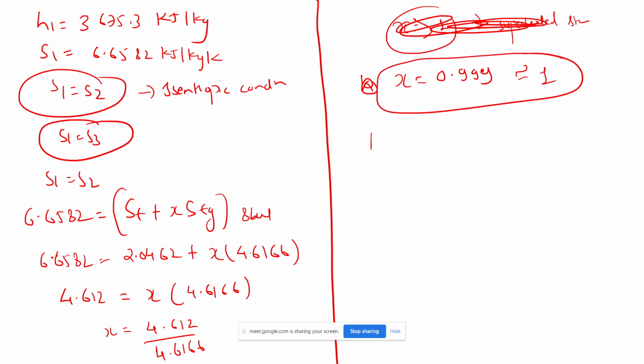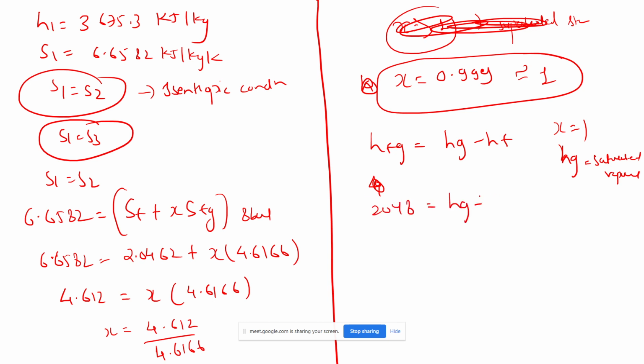Okay. Now we know that Hfg is given by Hg minus Hf, and for x equal to 1 dryness fraction we take the value of Hg. It is saturated vapor. So we will calculate this from here. What is the value of enthalpy? Hg we don't know. 721.11.